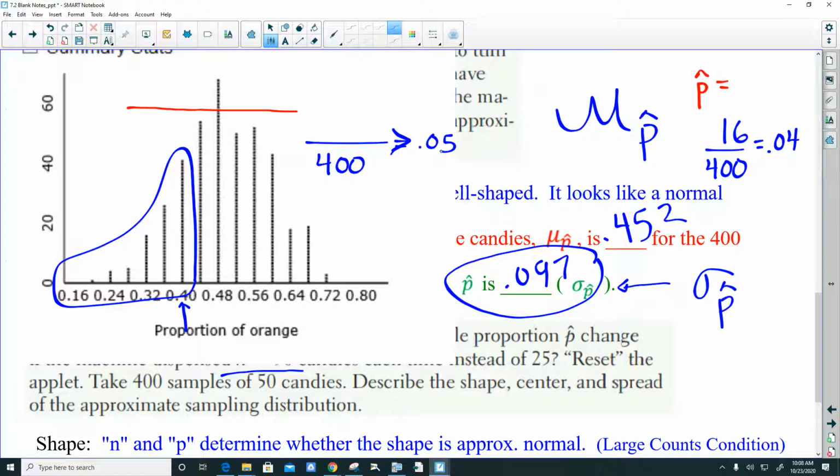That's not that surprising then. So that's what they want you to do: take a look at all the dots from there to the left and figure out what the percent is out of the total 400. If it's smaller than 5%, it is alarming that that would happen. If it's larger than 5%, it's not that alarming.